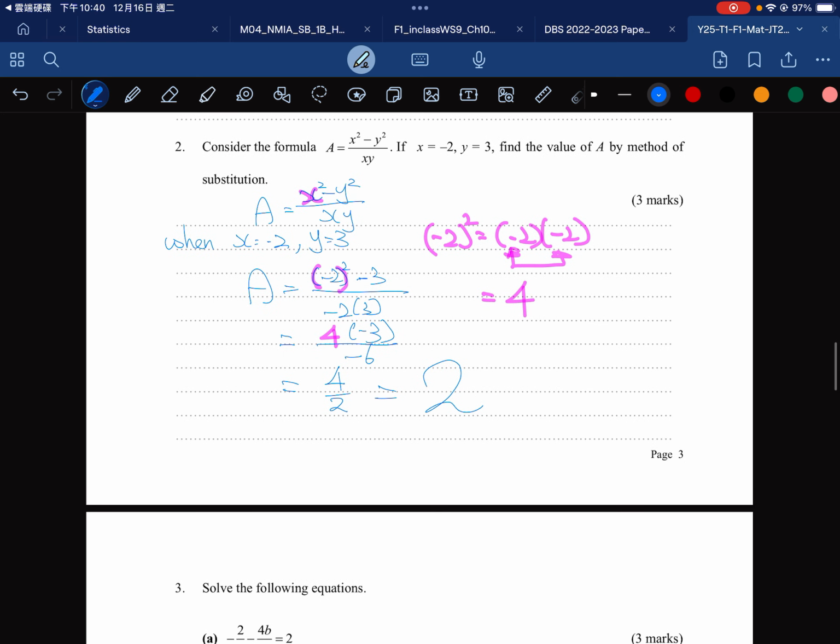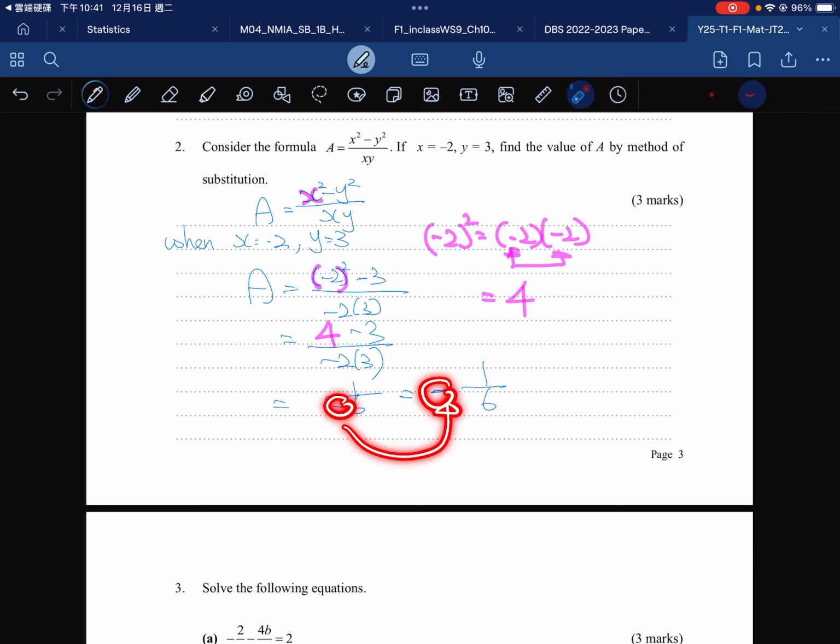That is the answer of question 2. Oh no, sorry. I missed something here. So here is 4, but at the end is minus 3 here. So it's equal to 1 over minus 6. And I emphasize, always remember the negative sign must be next to the fraction line. Okay? So here's the answer.